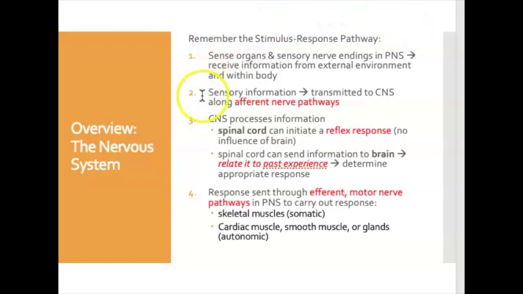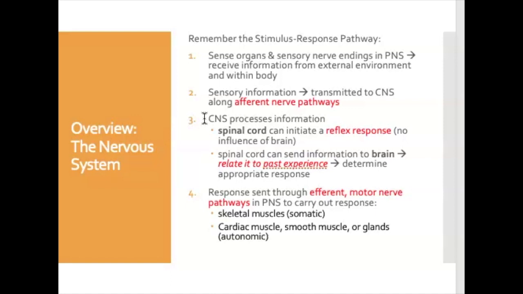All of that sensory information is being fed to the central nervous system, and it gets there along afferent pathways, sensory afferent pathways. It's the central nervous system that does the processing, that does the integration of all of this incoming information to then elicit a response.